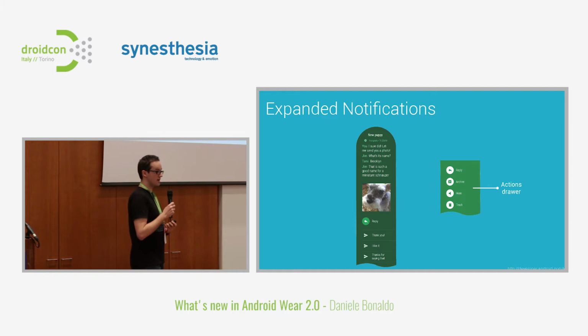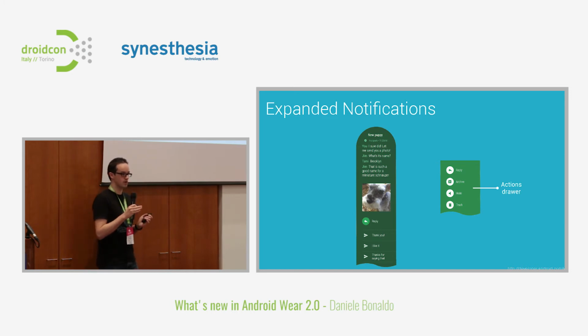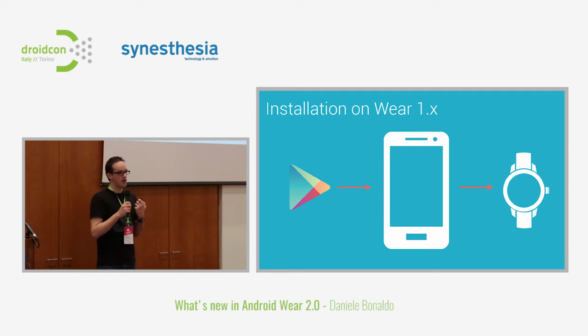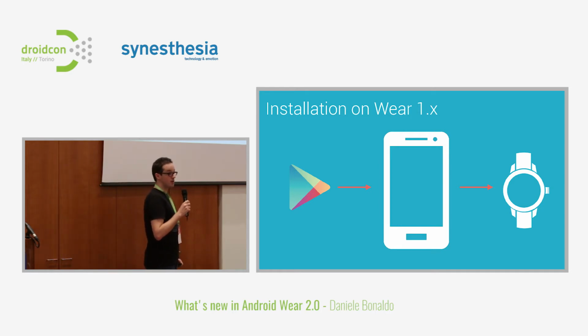Speaking of applications, as I mentioned before, Android Wear always supported installed applications, like full-fledged applications installed on the watch, with, of course, some limitations. But the most peculiar thing was how those applications were installed. In Android Wear 1, the watch always needed to be connected to a phone in order to install applications.